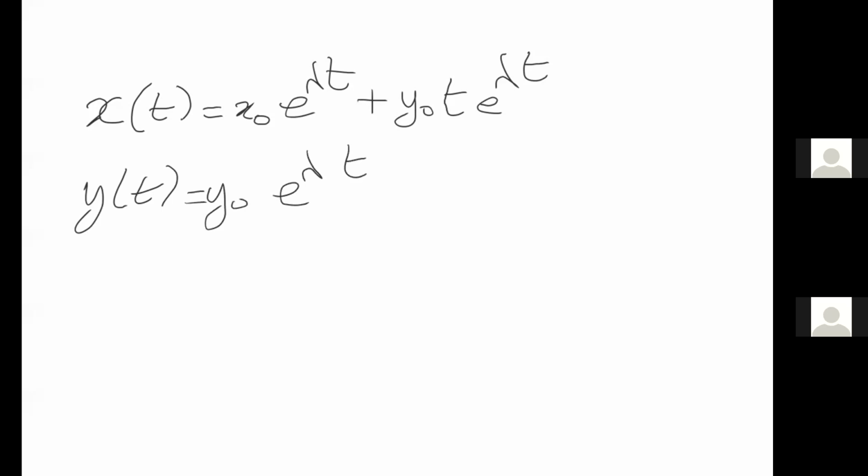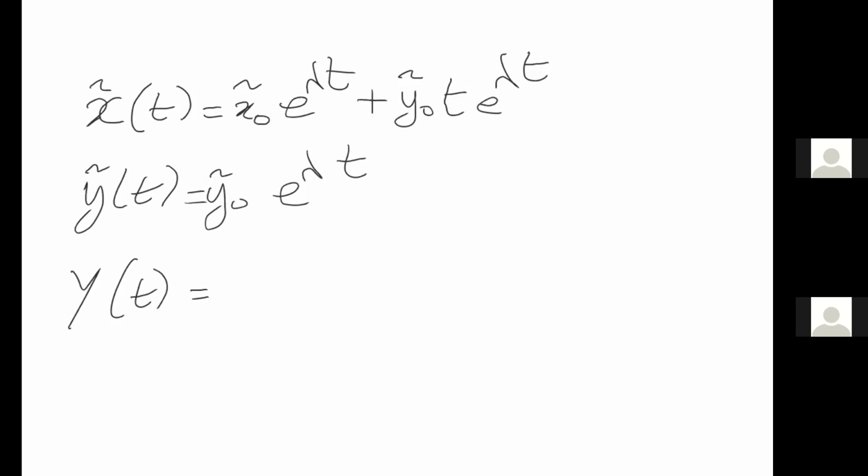So I can write that as, I will put some tildes here because I want to differentiate between the solution of x prime equals ax and y prime equals hy.